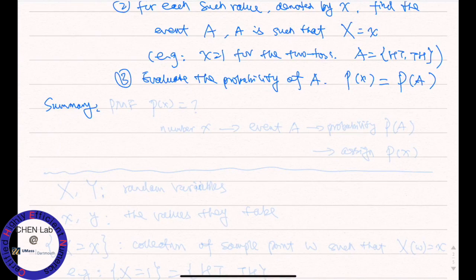In summary, we need to find the PMF, which is little p of x, the little function. Little p of a number x is equal to what? That's a thinking procedure you should go through. You give me a number x, I go to an event A, then I go to the probability P of A, and then we assign that to little p of x.